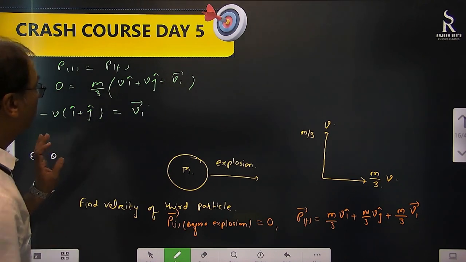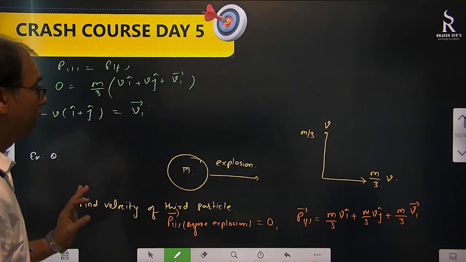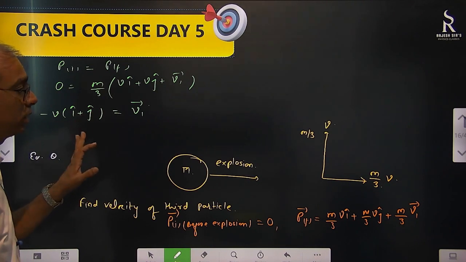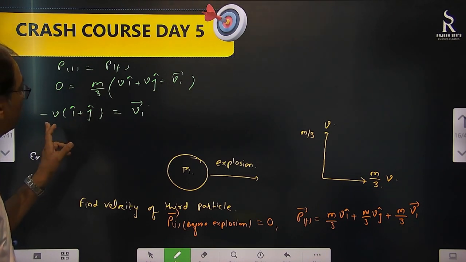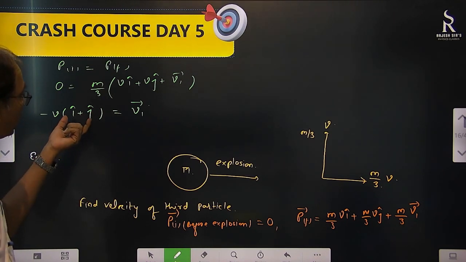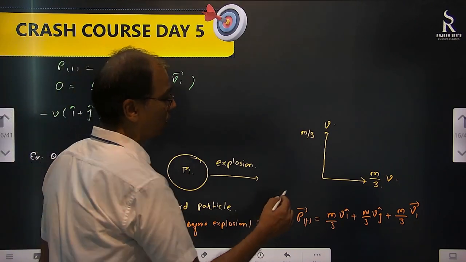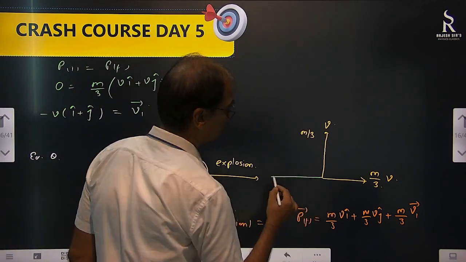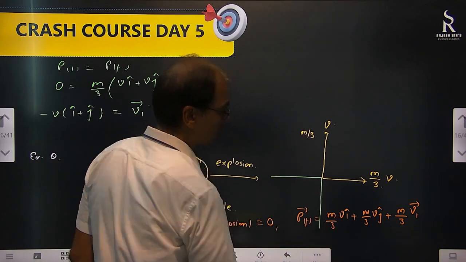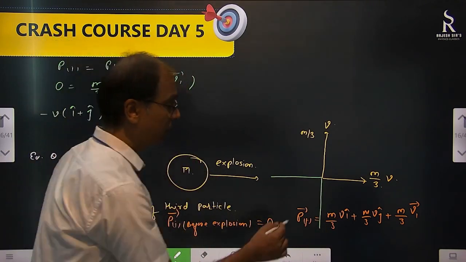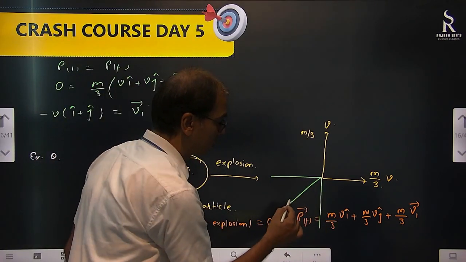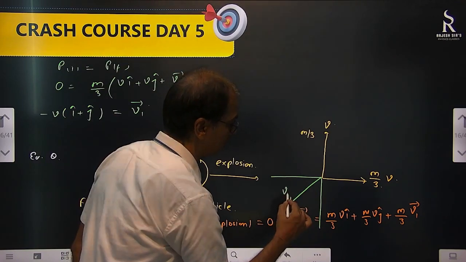Now we want the magnitude. The direction we already got: minus v into i plus j. That means it is along minus i and along minus j, so it's somewhere here. This is definitely velocity v1.